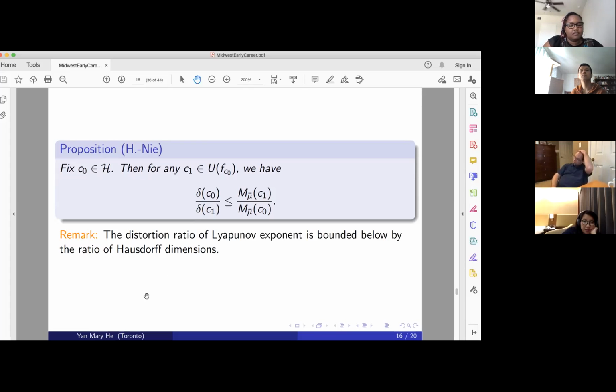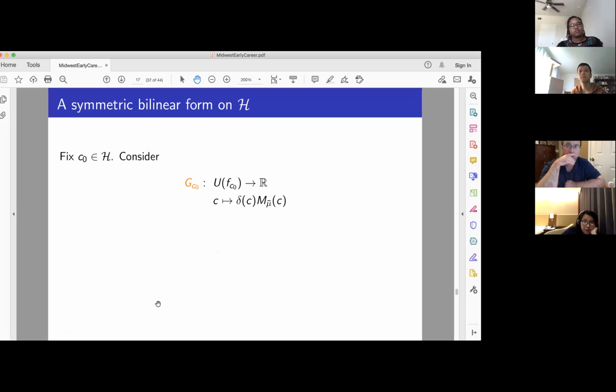This proposition says that this distortion is bounded below by the ratio of Hausdorff dimensions. You can also reverse the roles of C0 and C1 to get an upper bound. This key proposition will enable us to construct a symmetric bilinear form on the hyperbolic component.